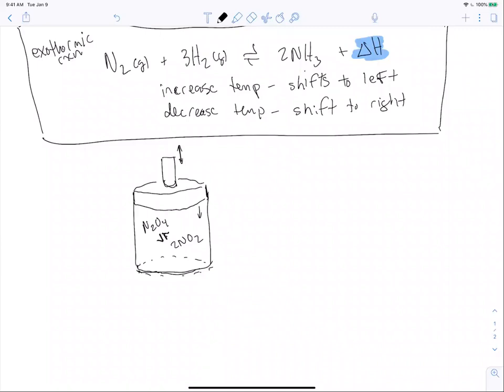Yeah, that's a useful way to think about that. So increasing the pressure by moving the piston down, which essentially decreases the volume of the system, is going to shift things to the side with fewer moles, essentially.